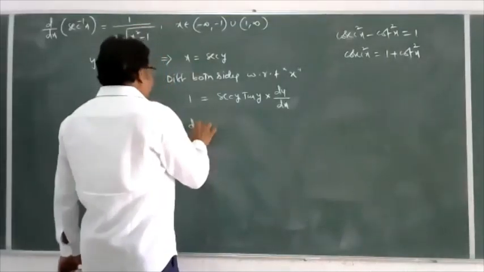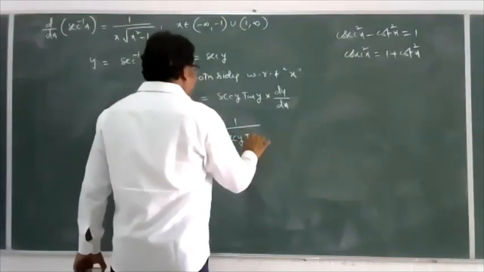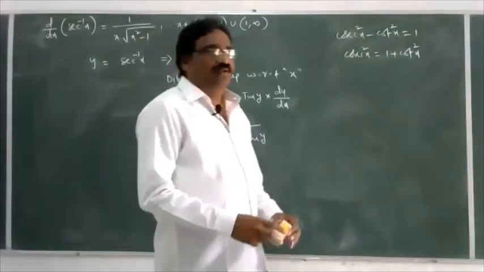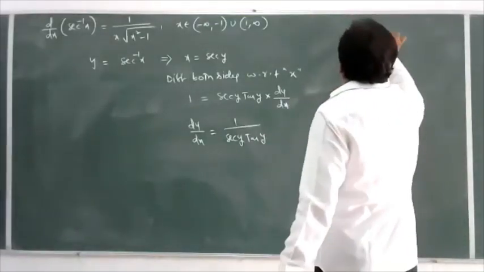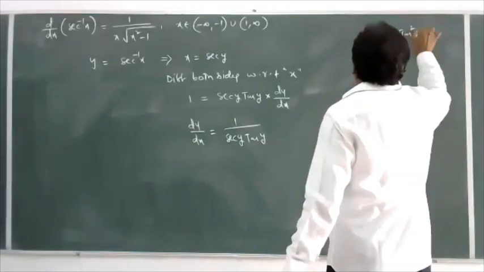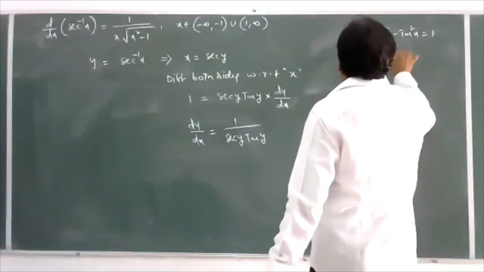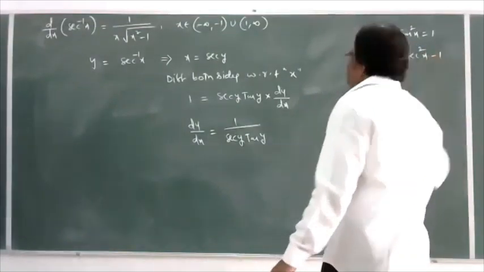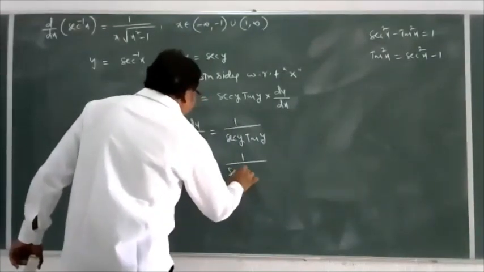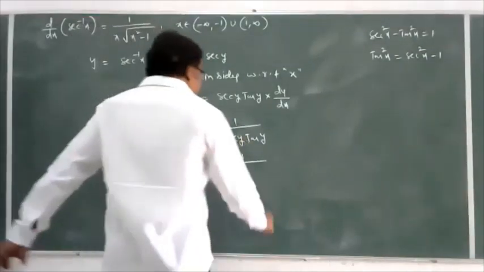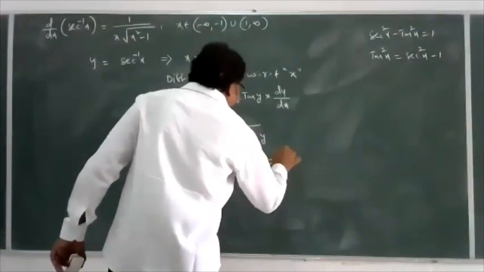From this, you get dy by dx is equal to 1 by secant y into tan y. Already you know, secant square x minus tan square x is equal to 1. From this, you get tan square x is equal to secant square x minus 1. So this is equal to 1 by secant y into, instead of tan y, you write the root of secant square y minus 1.